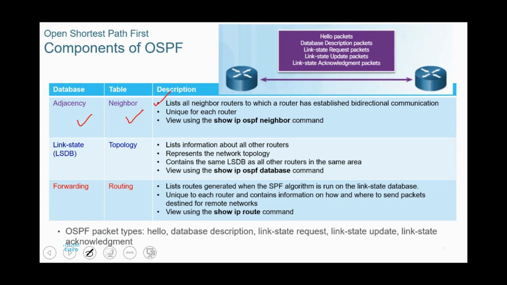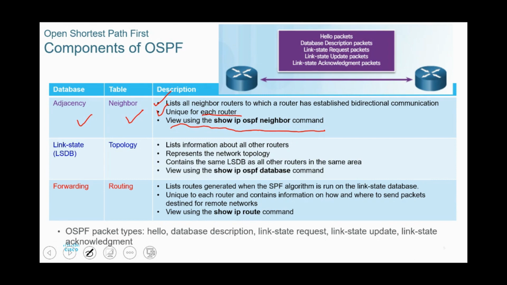It is also unique for each router if viewed using the show ip ospf neighbor command. So if you want to look at the information stored in the adjacency database, which is your neighbor table, you can use the show ip ospf neighbor command.